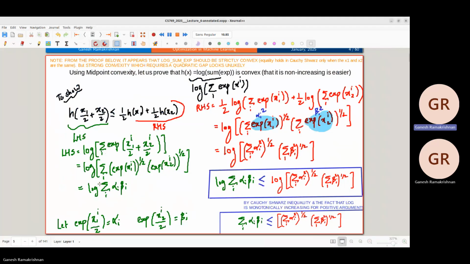Then you'll get a log of the sum of alpha i beta i, and that you can show is less than equal to the log of the product of the sums. Log of sum of product is less than equal to log of product of the sums. And that's because the arguments themselves, the sum of the products is less than equal to product of the sums. Well, modulo square root, and that is Cauchy-Schwarz inequality.